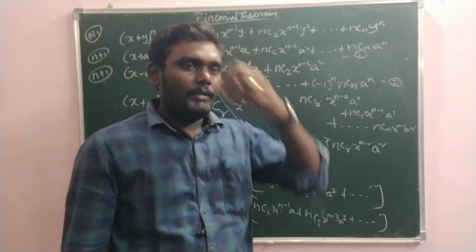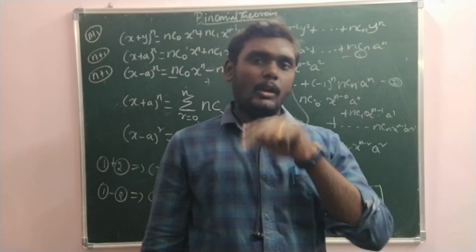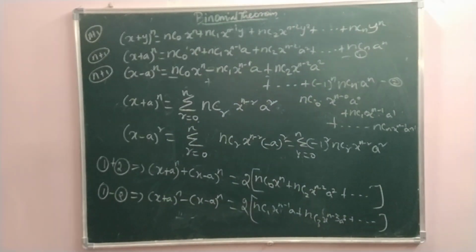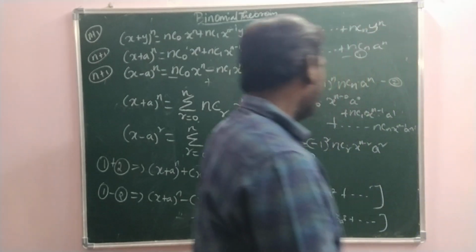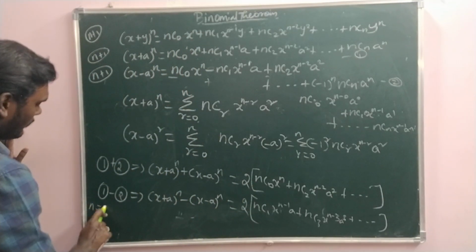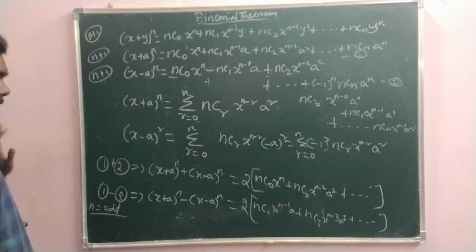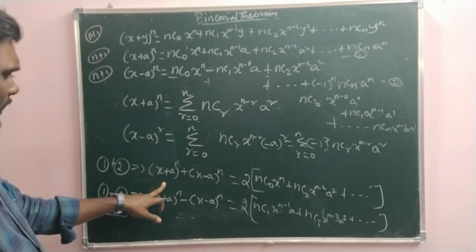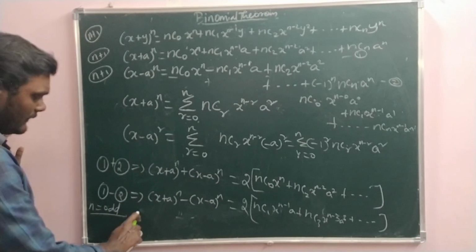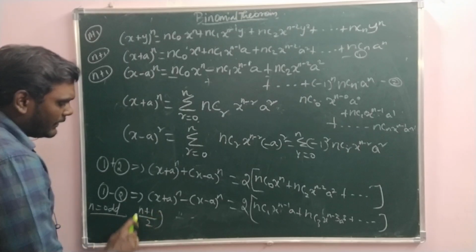We observed, remember, when power is 0, it is having 1 term. When power is 1, it is having 2 terms. Like that, here also, this sum and difference will have how many terms depends on what number n is, odd or even. Suppose n is an odd number, here both will have the same number of terms, that is n plus 1 by 2.